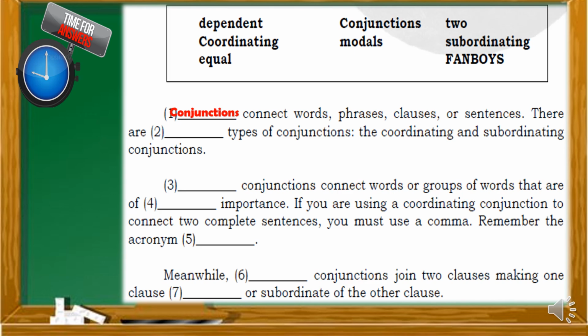And then, coordinating conjunctions connect words or group of words that are equal importance. If you are using a coordinating conjunction to connect two complete sentences, you must use a comma and remember the acronym fanboys. Meanwhile, subordinating conjunctions join two clauses, making one clause dependent or subordinate of the other clause.